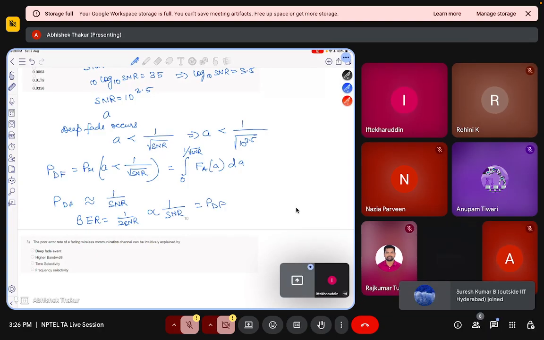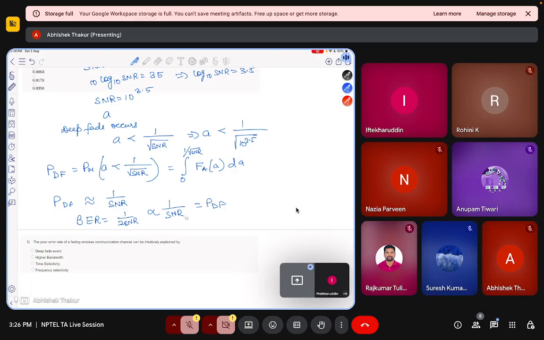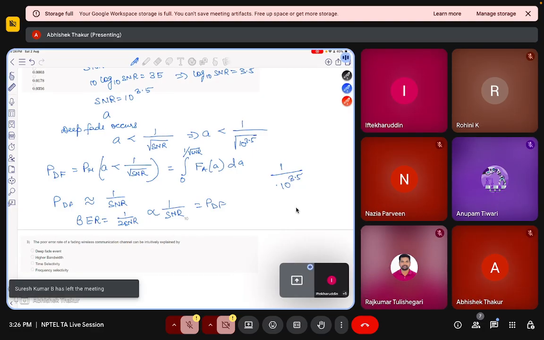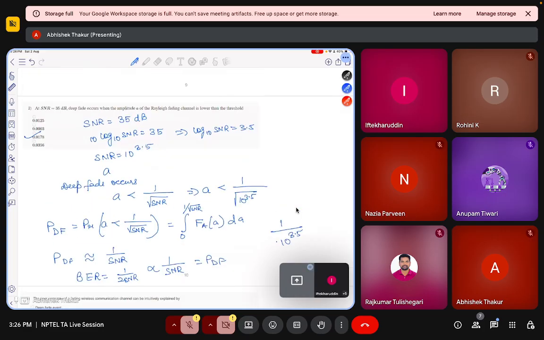So when we substitute this value, we will get probability of deep fade as 1 by SNR. So this will be 1 by square root of 1 by 10 to the power 3.5. When you substitute this value, you will get option number C for this question.